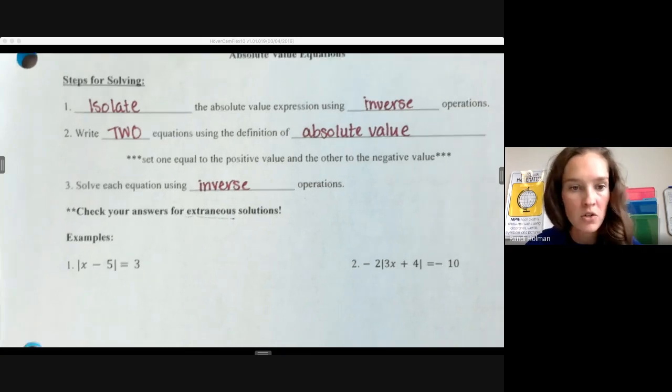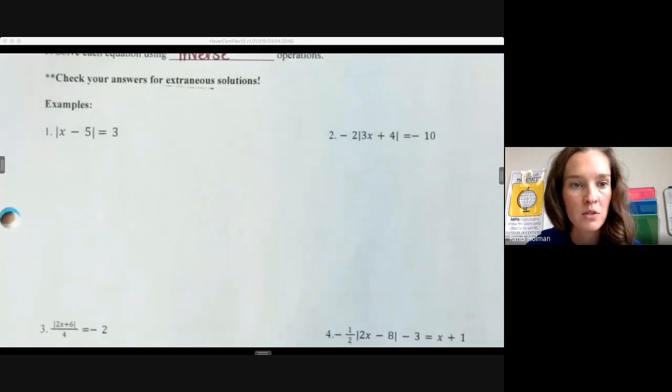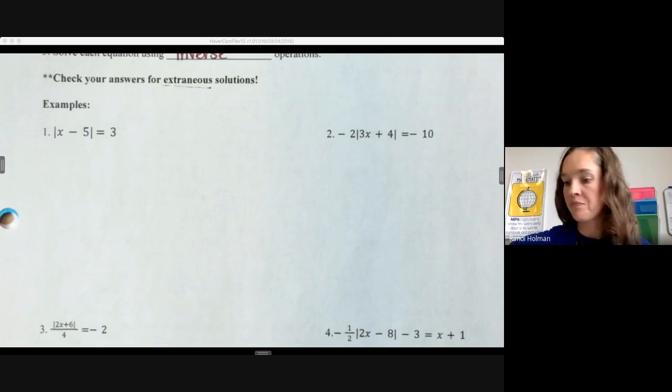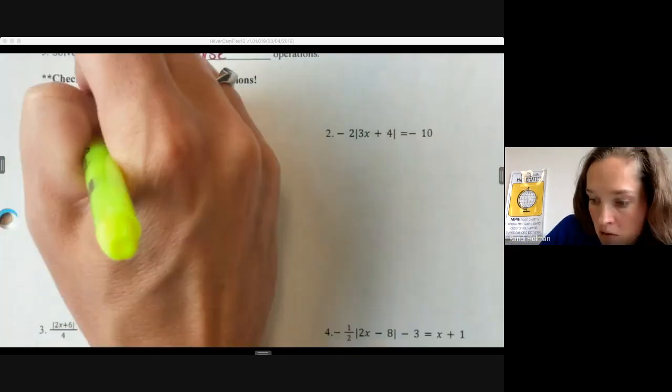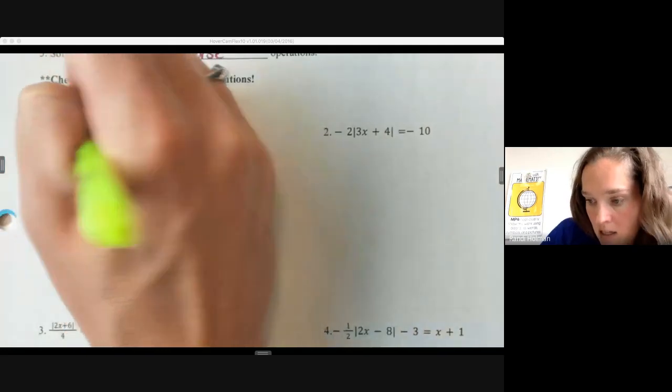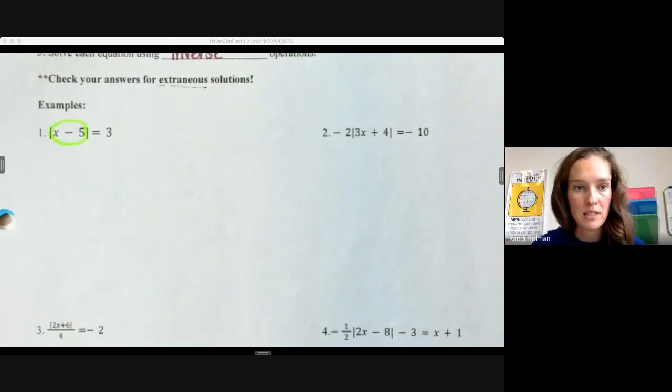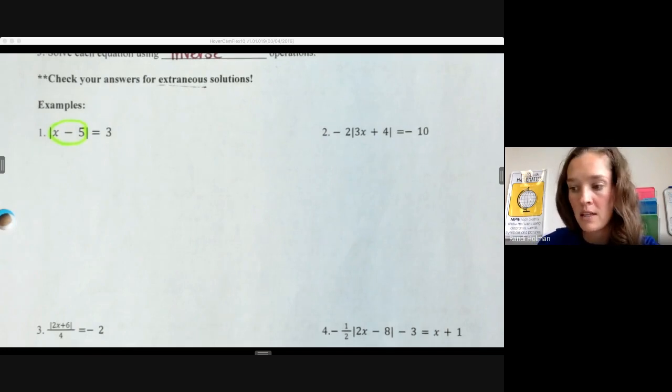Okay, let's try some together here. So first one here, remember our first goal is to isolate the absolute value. So we're looking at the thing in the absolute value kind of as a unit itself. You can see on this one, the thing is already all by itself on one side of the equation. So we don't have to do any work to isolate the absolute value.